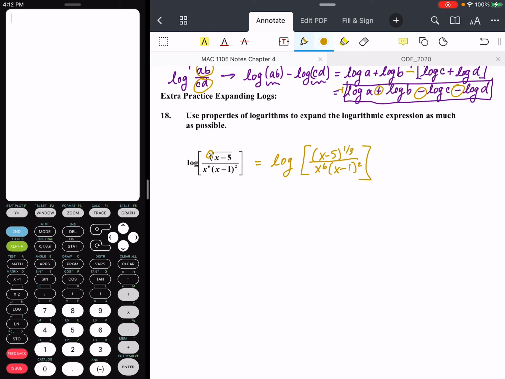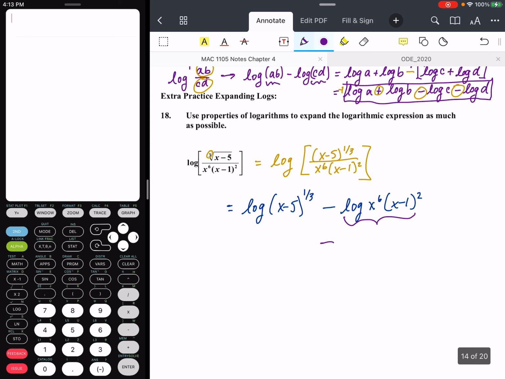So we don't have any power on the outside of our brackets, so we're going to start by using our product and/or quotient rule. So I'm going to break this into log of x minus 5 to the power 1/3 minus the log of x to the 6th, x minus 1 squared.